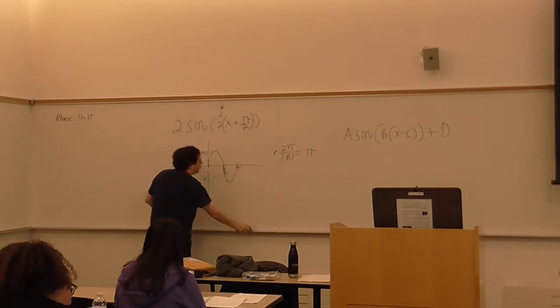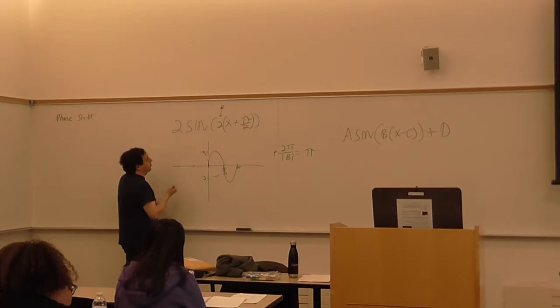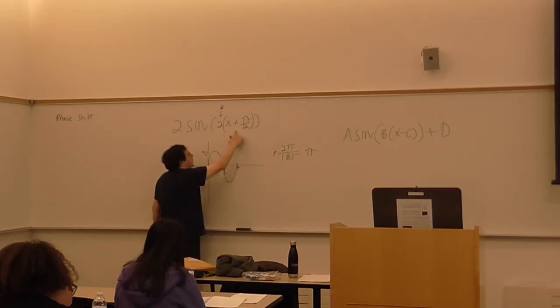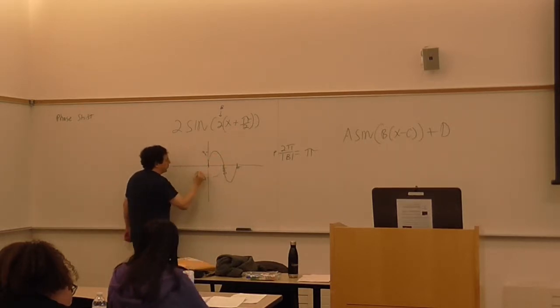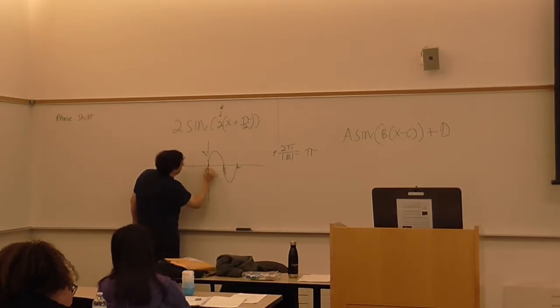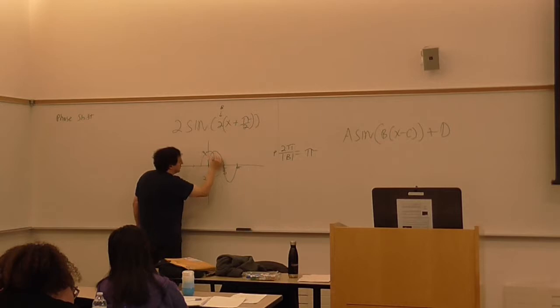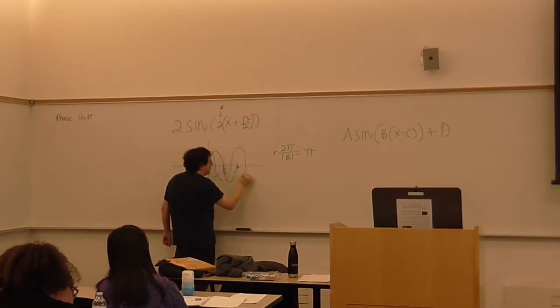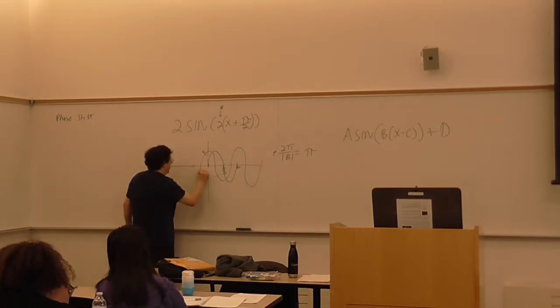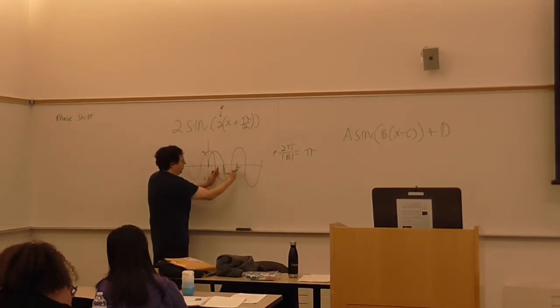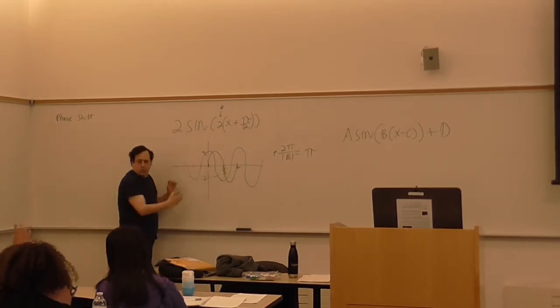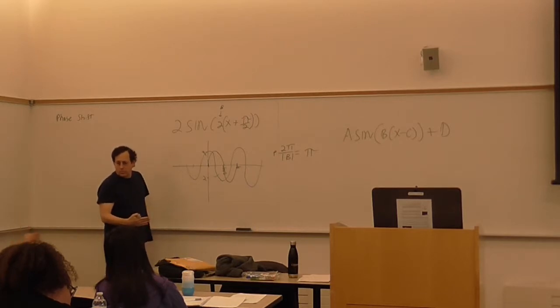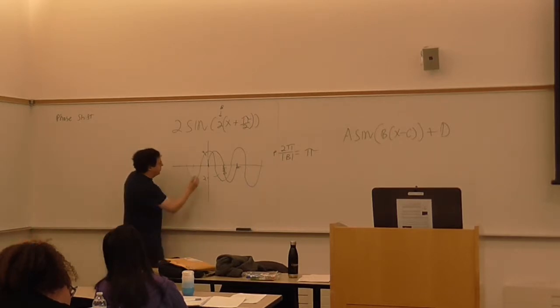So I originally drew it with a pi phase shift, but it's really a minus pi over 2 phase shift. So let's see, this is going to move over a half. Again, it's just relative to the regular sine, it's just going to move over. So that pi over 2 right there, what is that?